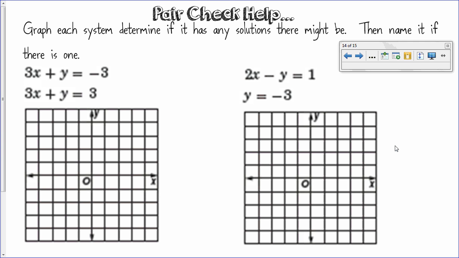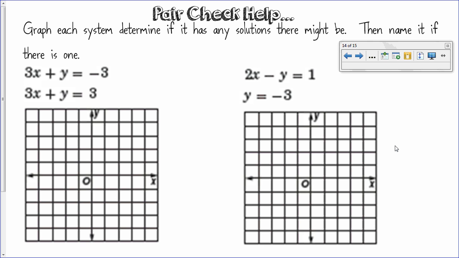Okay, so now let's look at these first couple problems on your third check. What are the instructions asking you to do? Graph each system and determine the number of solutions. Okay, so we may or may not have to graph them, right? Let's go ahead and look. First of all, I gotta get them in what form?